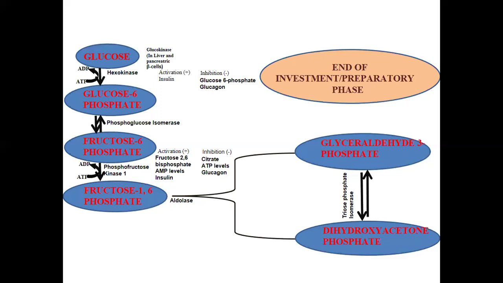So when insulin is present, it can help to activate hexokinase to convert glucose to glucose 6-phosphate. However, when you have an increase in concentration of glucose 6-phosphate, the first product, it is an inhibition to the conversion of glucose to glucose 6-phosphate. So when you have a high concentration of glucose 6-phosphate, it's an indication that, oh, you have enough, and then the reaction should slow down.